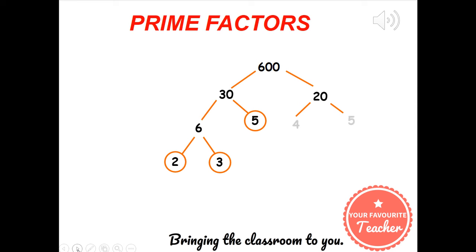20 is 4 times 5. 5 is a prime number, so I circle 5. 4 is 2 times 2, so both are prime numbers, so I circle those two prime numbers.